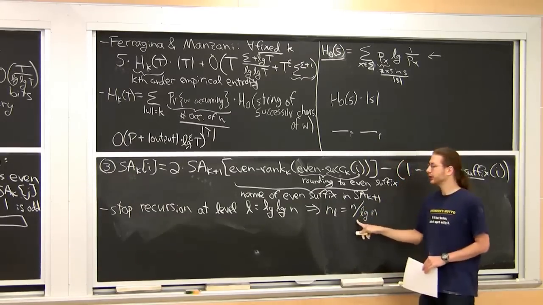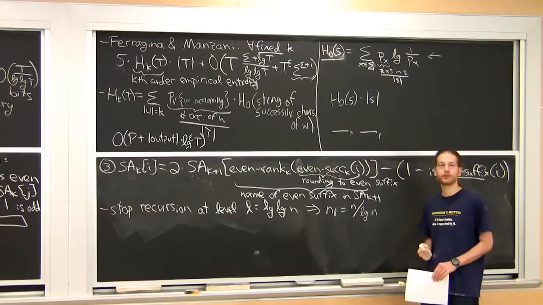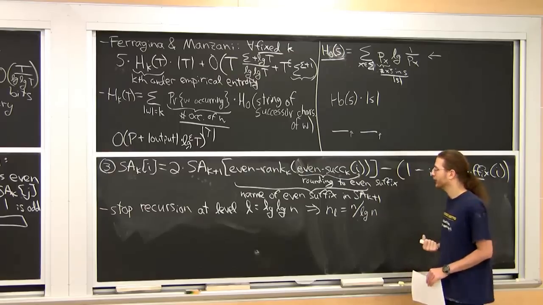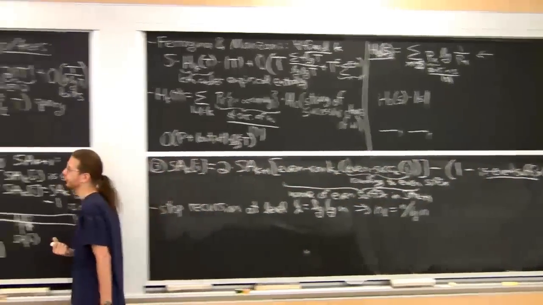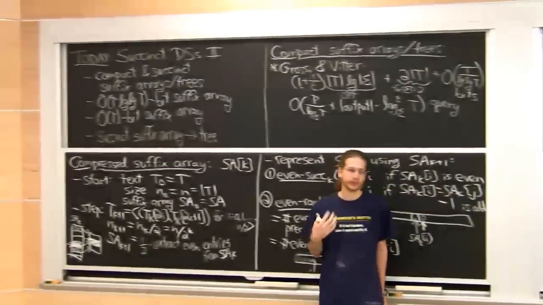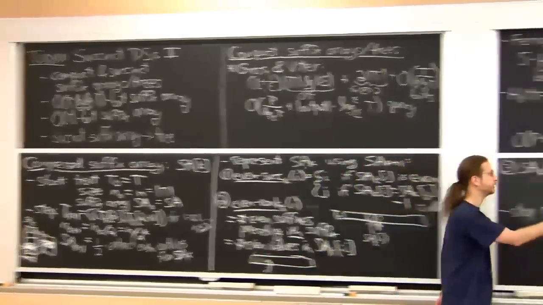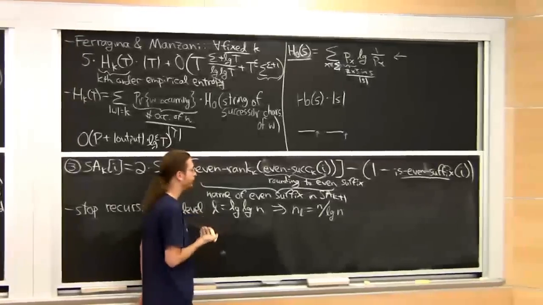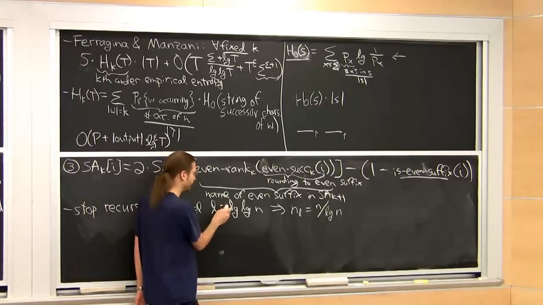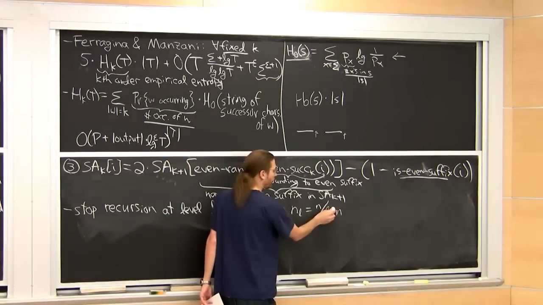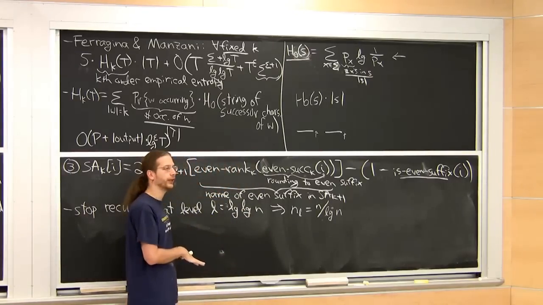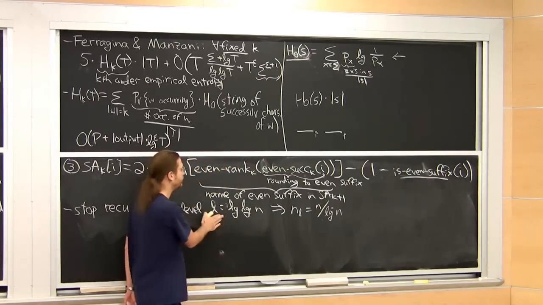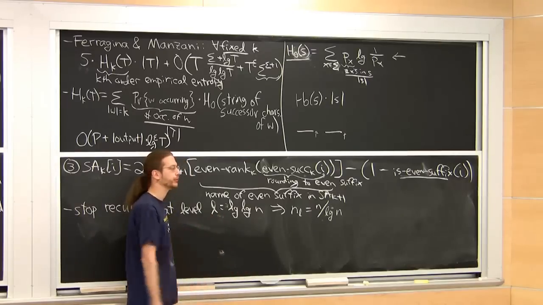Once I have a string of length n over log n, I can afford the regular boring representation of a suffix tree. I can afford t log t bits when t is only n over log n. If you want to be a little extra clever, you can put a factor 2 here, and there's a square here, and so then you're really paying little of t in order to store that thing. Okay, so once you get down to here, you can afford a simple representation.